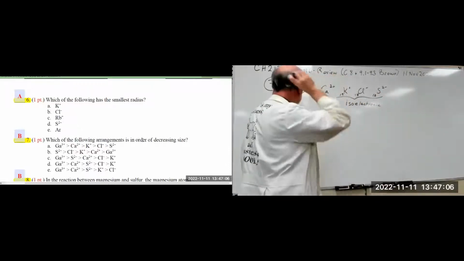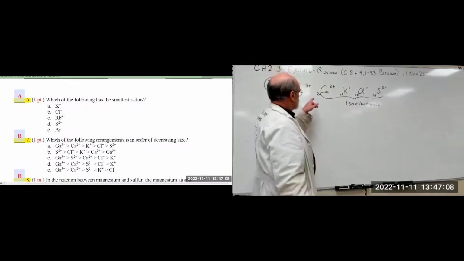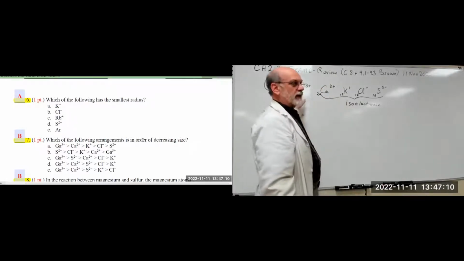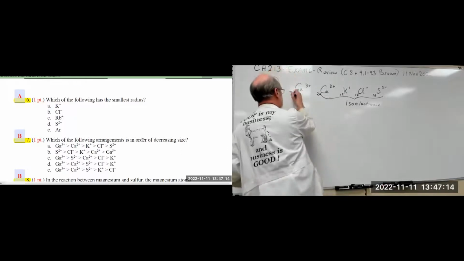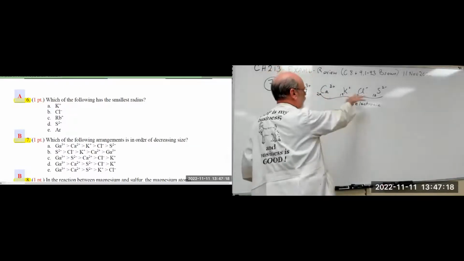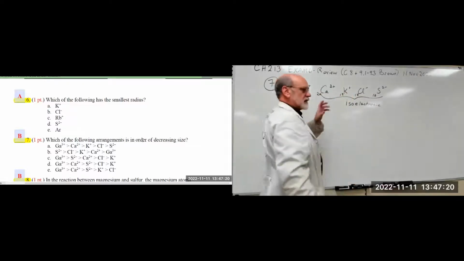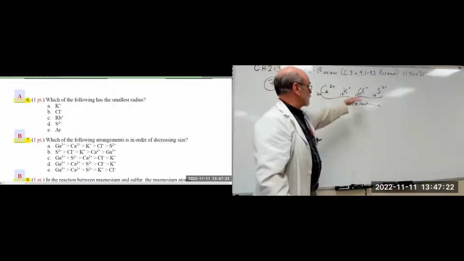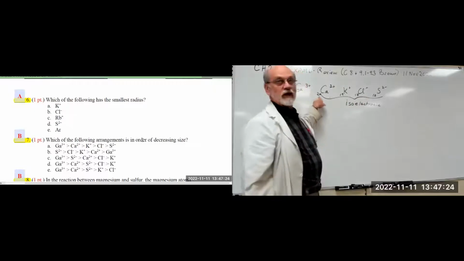So the troublemaker is going to be gallium. We got to figure out what to do with gallium because it's got 31 protons. But the order here should be the smallest radius of this group should be the one with the most protons.